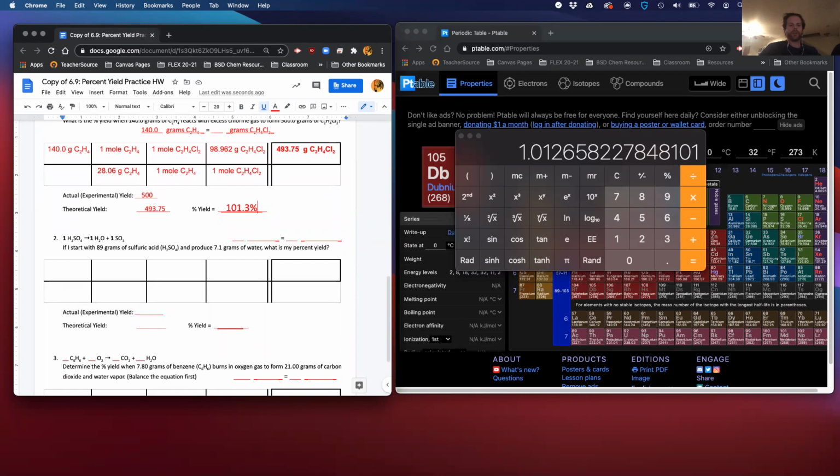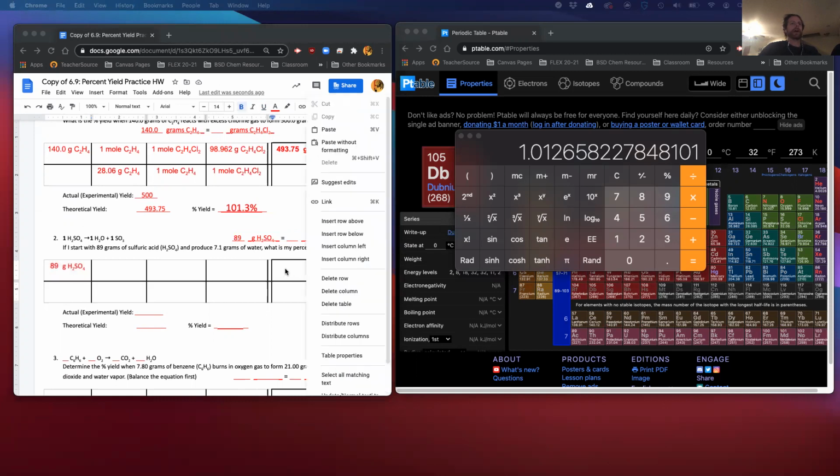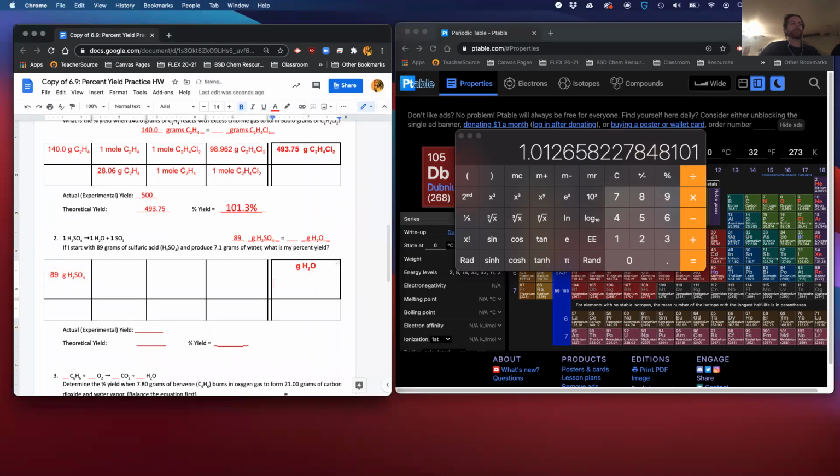So this next one is I'm starting with 89 grams of sulfuric acid, and in the experiment, I produced 7.1 grams of water. Okay, so I need to find out how many grams of water theoretically I produced. So start with what I start with, which is 89, and I want to figure out how many grams of water hypothetically I'm going to get, right?